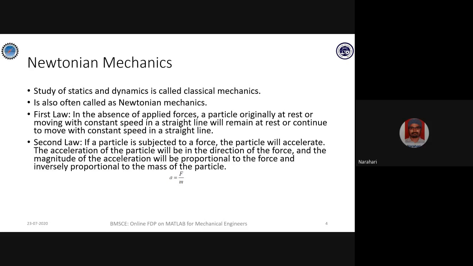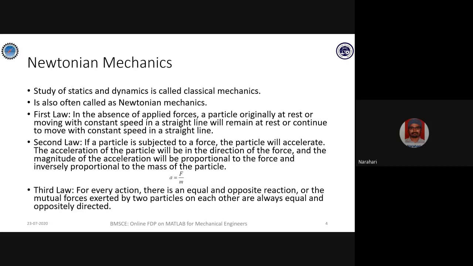F equals ma is the standard expression. Here it has been written in terms of F over M, just to show the importance of our need to find acceleration, provided we have F and M. And the third law, of course, famous, says for every action there is an equal and opposite reaction.